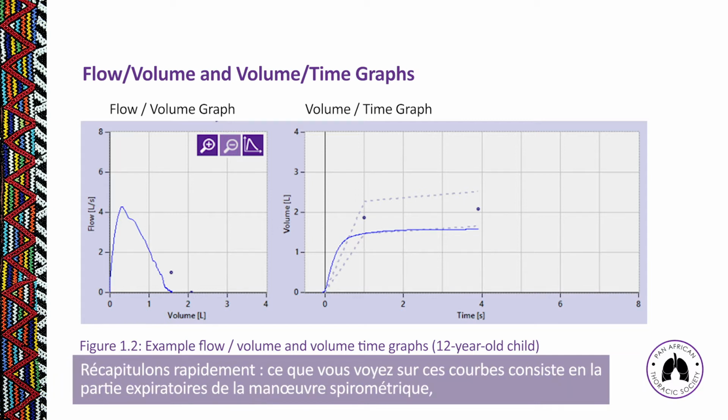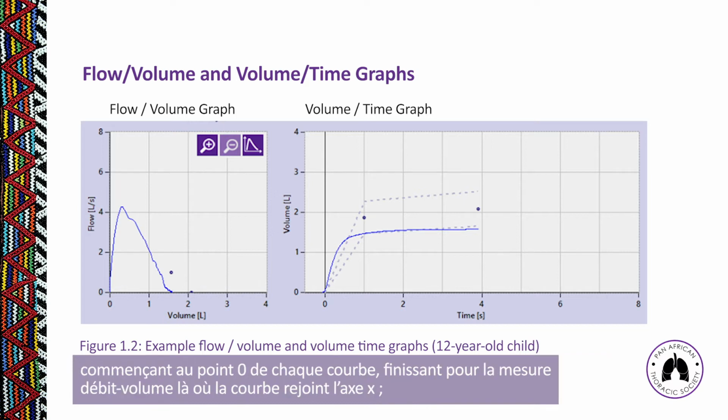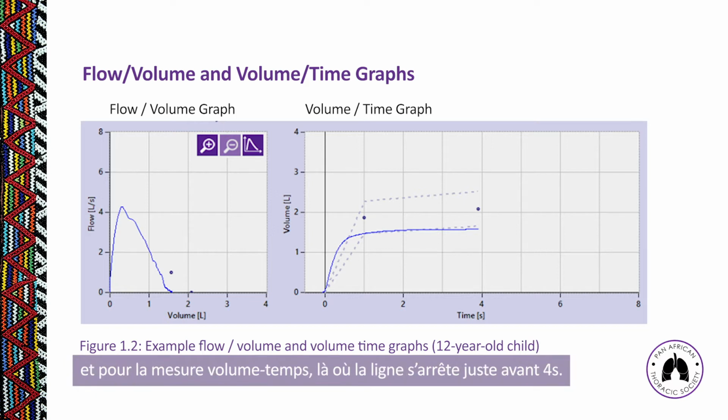So just to reiterate, what you're seeing on these graphs here is the expiratory portion of the spirometry maneuver, starting at point 0 on each of the graphs and ending on the flow volume graph where the graph comes down onto the x-axis, and on the volume time graph where the line ends at just about 4 seconds.